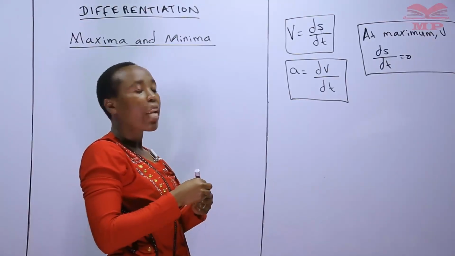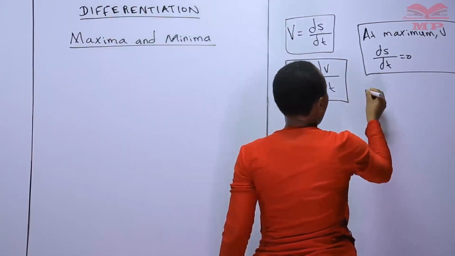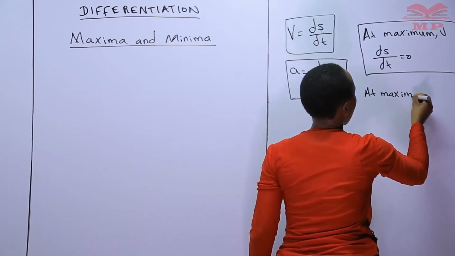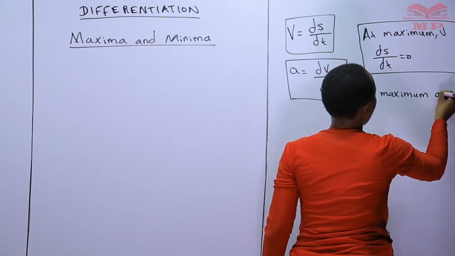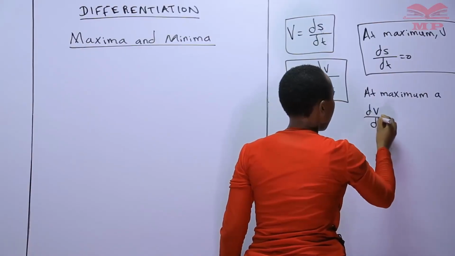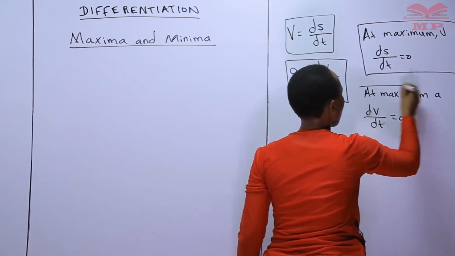It is at the turning point. Again, at the maximum acceleration, also dv over dt is equal to 0.